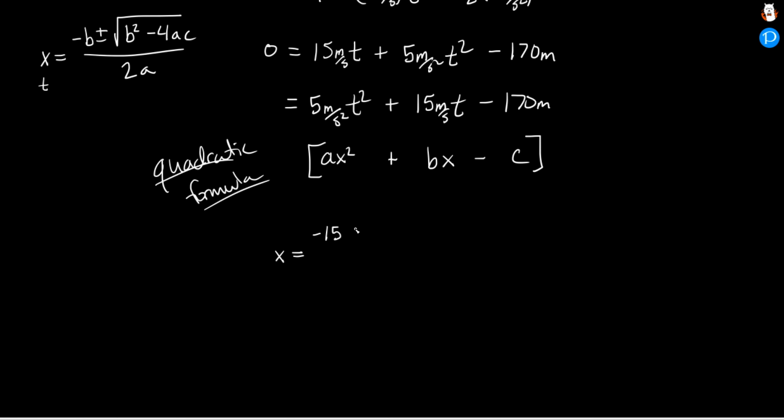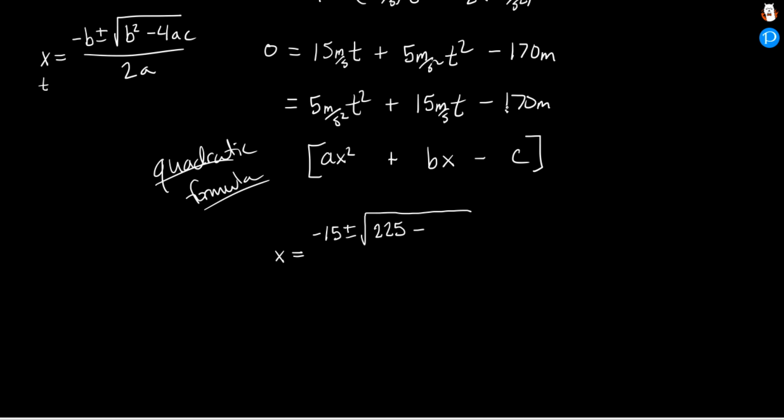So negative 15 plus or minus the square root. Let's see, b squared. I'm just going to do that right away. So b squared, 15 squared is going to be 225, minus 4 times a times c. I'm just going to do that all right now, right off the bat. So it's going to be 4 times 5 times a negative 170.